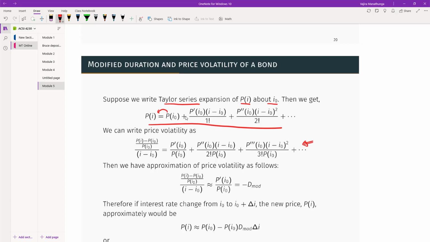From here, Pi minus Pi naught is going to be P prime I naught times I minus I naught over 1 factorial, and so forth. I minus I naught is a common factor, so you can take it out and divide by that. Then you will have this nice expression.